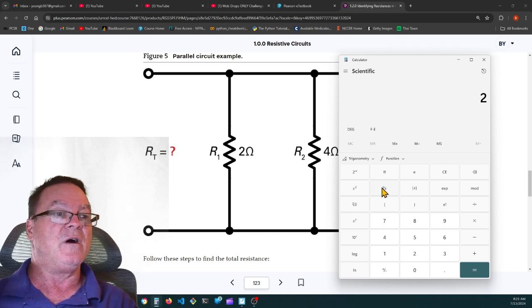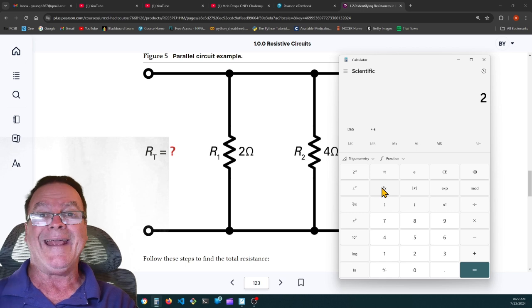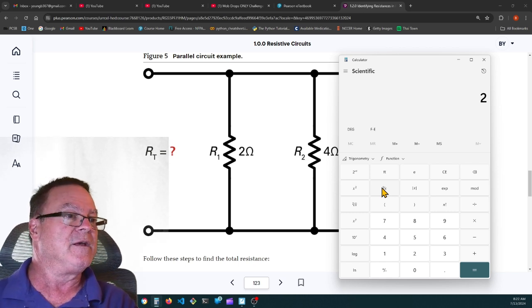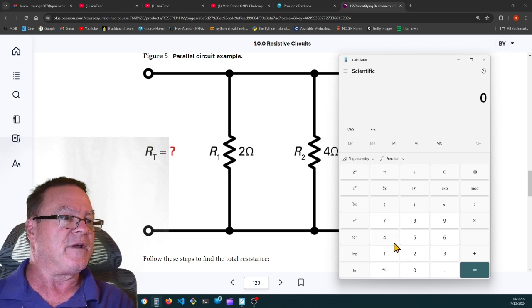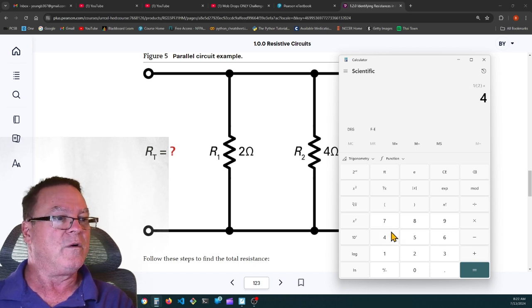So the reciprocal of 2 is 1/2, the reciprocal of 4 is 1/4, and the reciprocal of 8 is 1/8. So let's start again. We'll say 2 reciprocal is 0.5 plus 4 reciprocal plus 8 reciprocal equals.